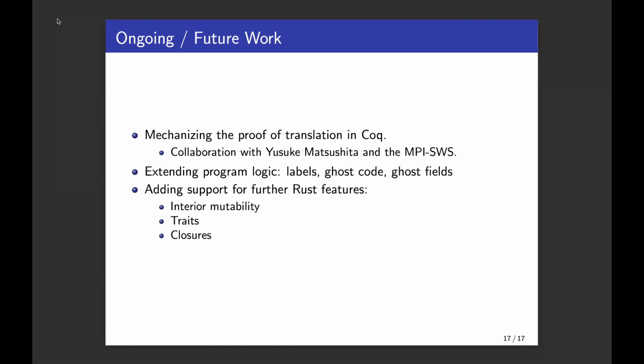But we also have plenty of work to do in Creusot to support further features of Rust, in particular things like traits and generics that have trait constraints, as well as hopefully interior mutability and other such more advanced and unsafe types.